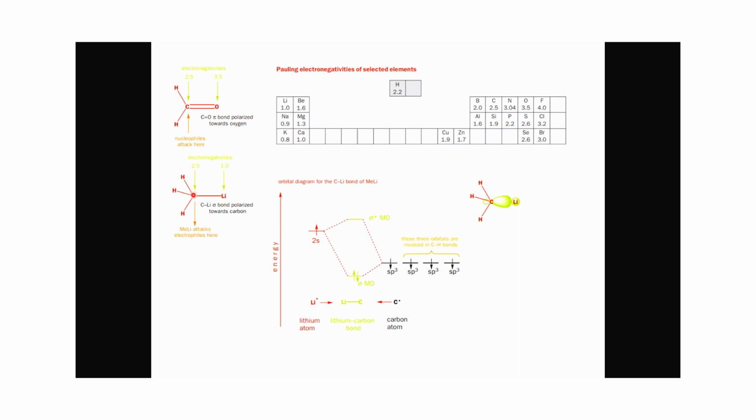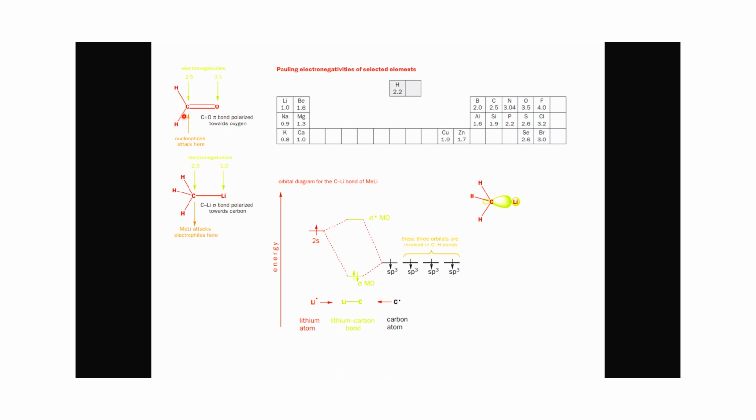So this particular center will attack this center. So when we say a new CC bond is forming, there is nothing more than a nucleophilic center attacking an electrophilic center. The key point is that we should understand which is the nucleophilic center and which is the electrophilic center.